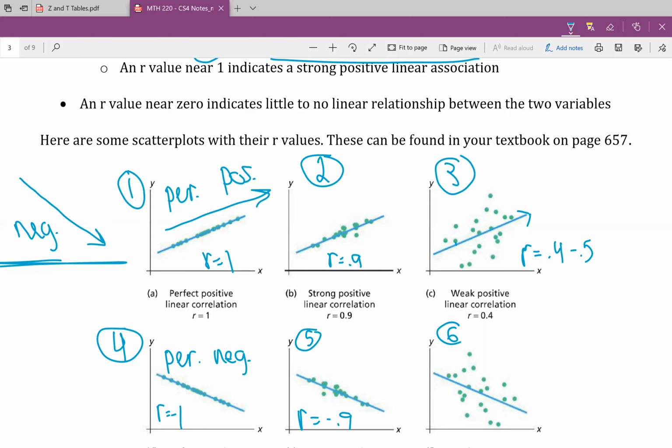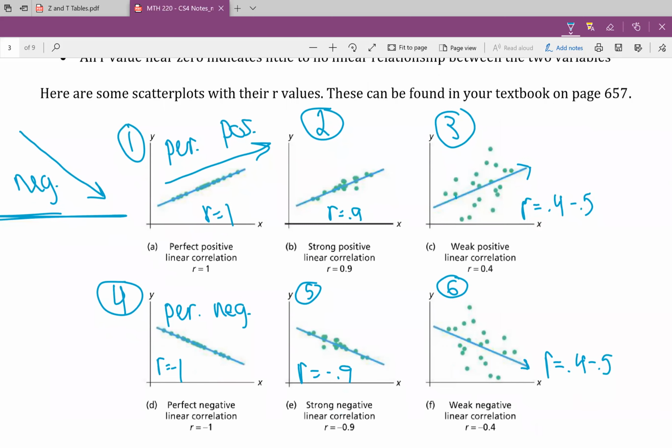Let's look at the sixth picture. Our line of best fit that we see here in the middle is still going down and to the right, so we still have that negative relationship going on, but all the dots are scattered out and spread around now. So that means we're going to have that weak negative, and R would be around negative 0.4 or 0.5. Weak negative linear correlation.